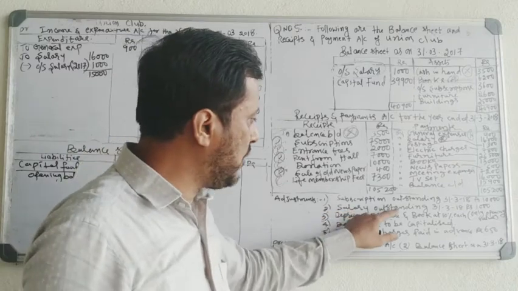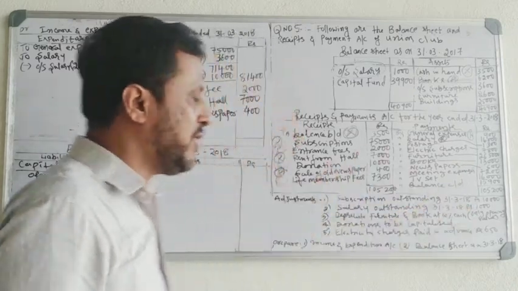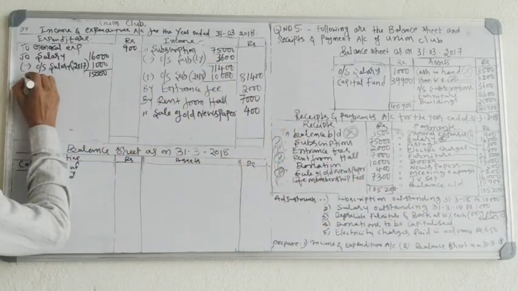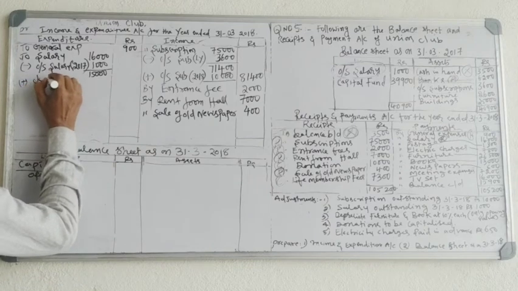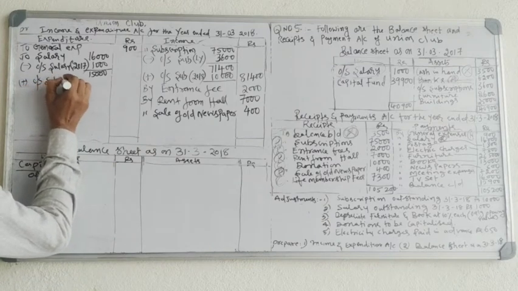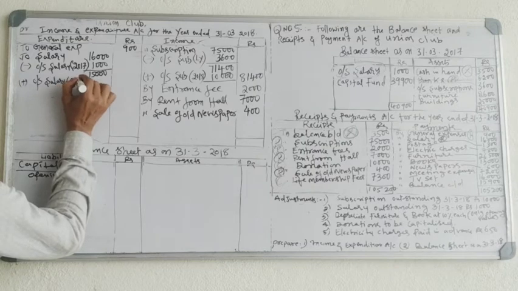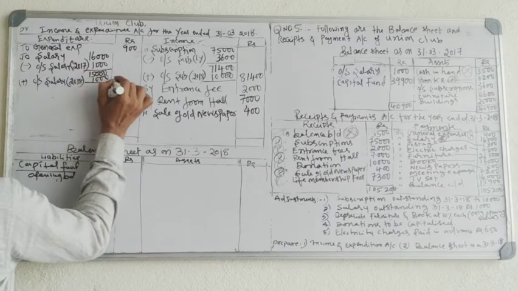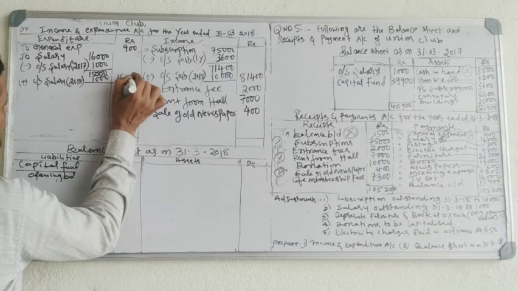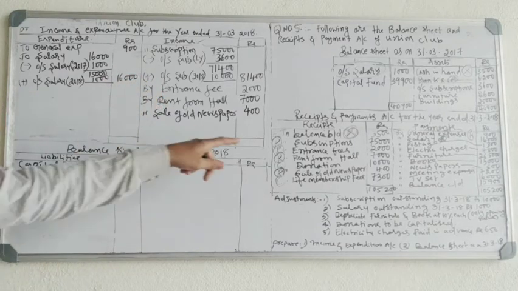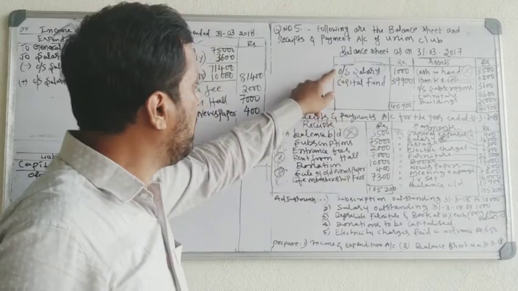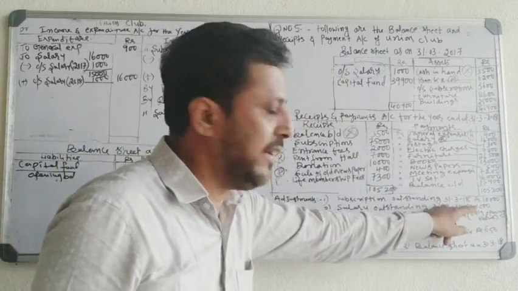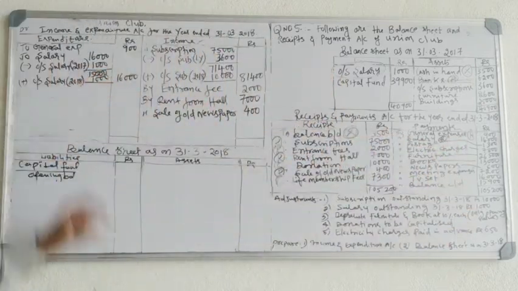Outstanding salary on 31/3/18, 1,000 current year, add outstanding salary 2018, 1,000. It is then 16,000. Salary 16,000, 1,000 minus, 1,000 add. Okay, again it comes to 16,000.